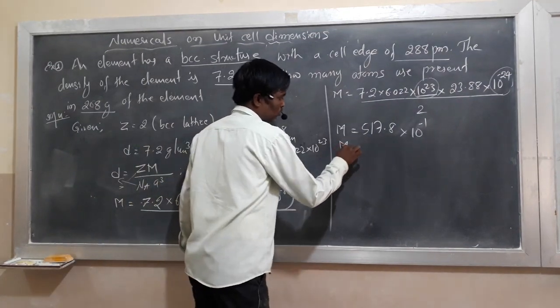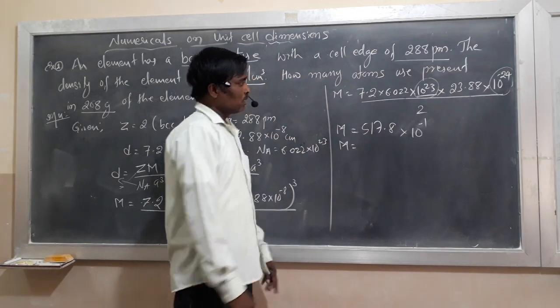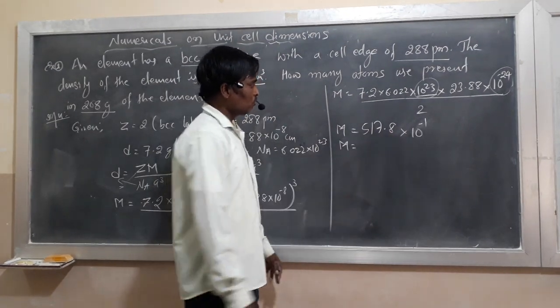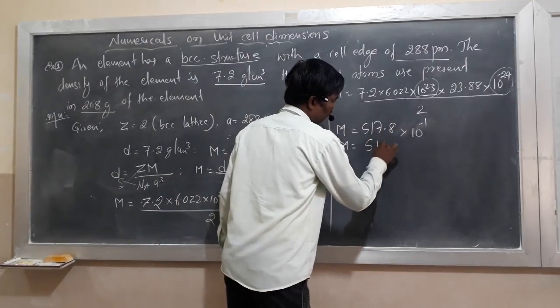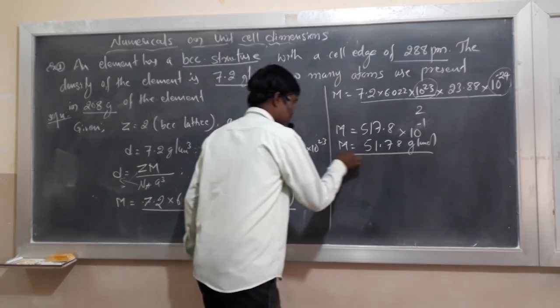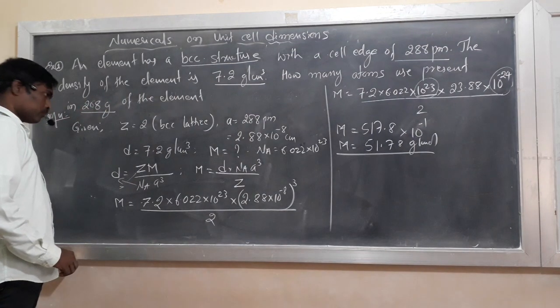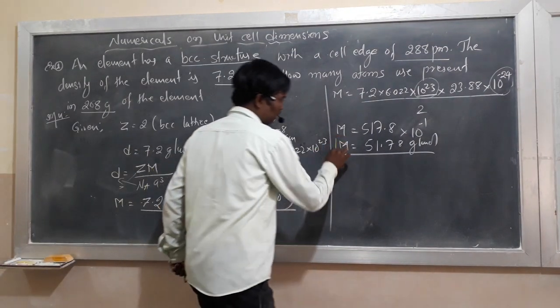Now m is equal to that, and multiplying by 10 raised to minus 1 means dividing by 10. So its value is 51.78 gram per mole. And this is the molecular mass of that element.